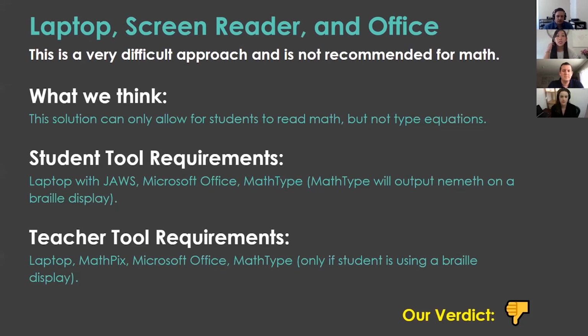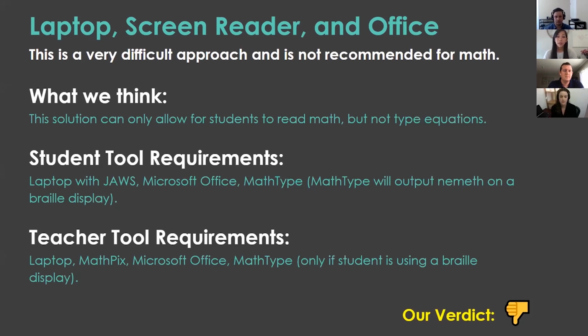We still had to emboss every single math question when doing SBAC testing. So in our experience so far, we've been able to get it to read math properly, but we were not able to input or type equations in Nemeth using a Braille display.